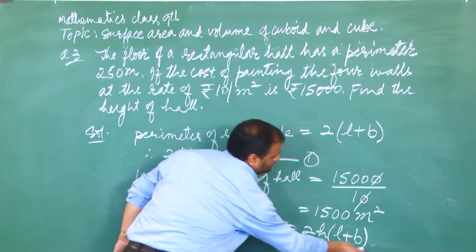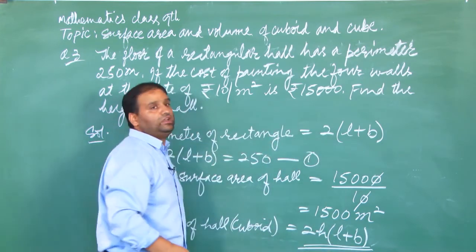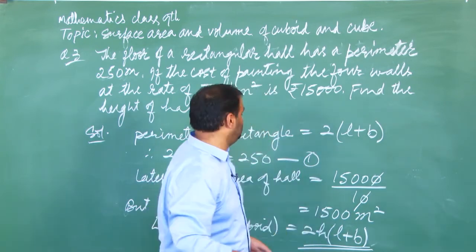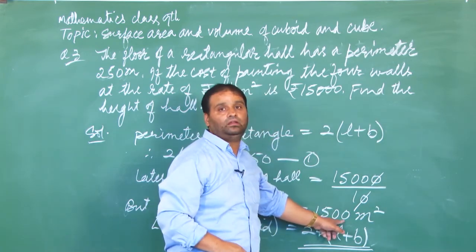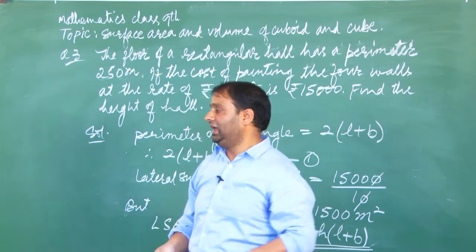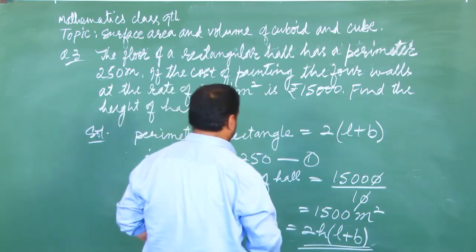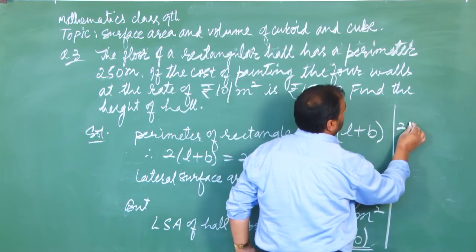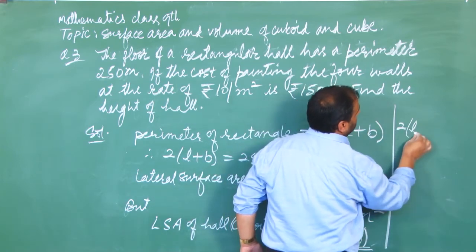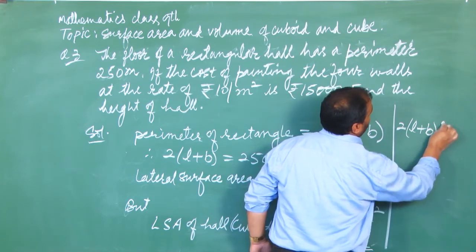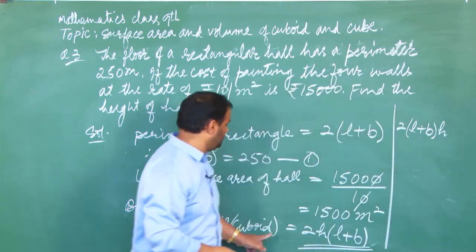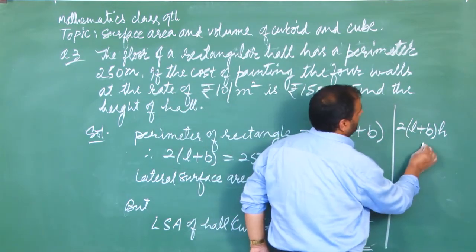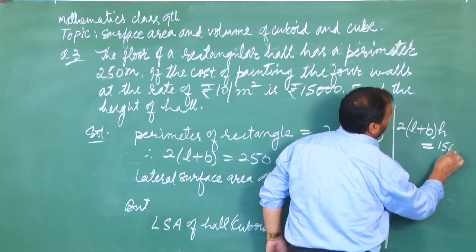So 2 times height into length plus breadth is the area of 4 walls of the cuboid, and this is equal to 1500 meters square. We can equate them. Now on equating them, you can write twice length plus breadth into height. Nothing wrong with that. Twice height into length plus breadth, or twice length plus breadth into height is the same, and this is equal to 1500.